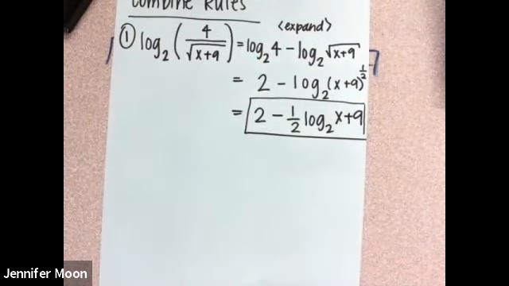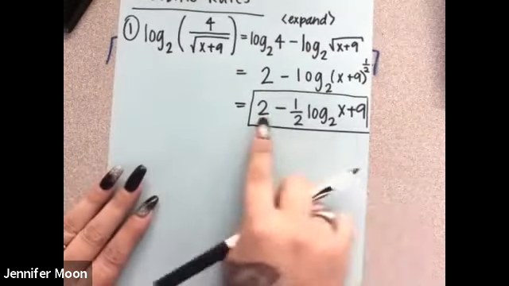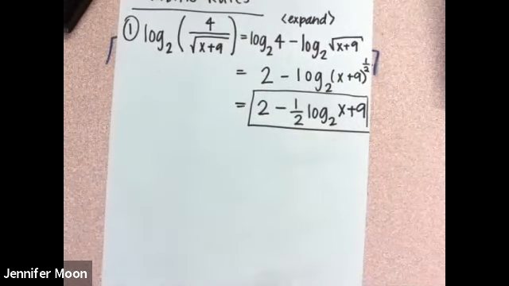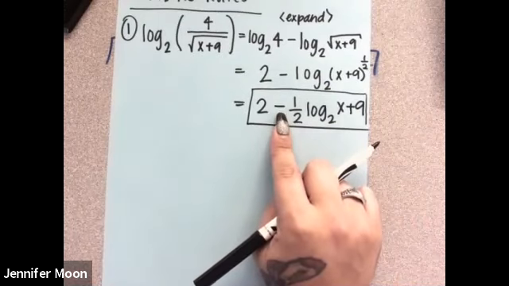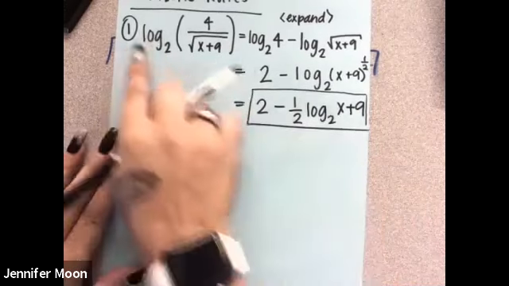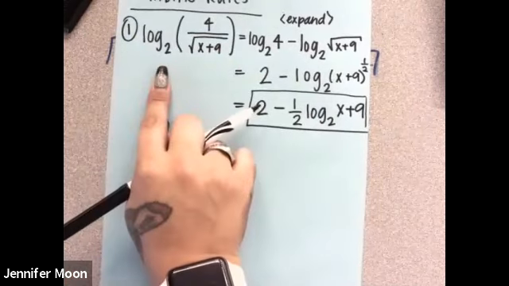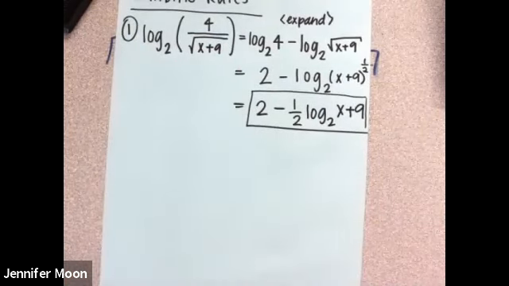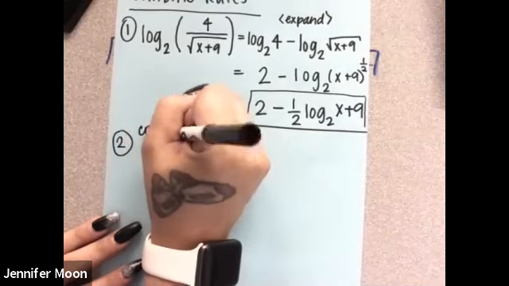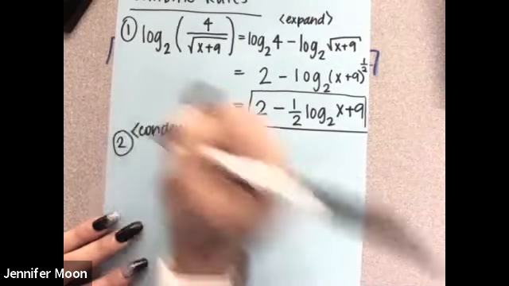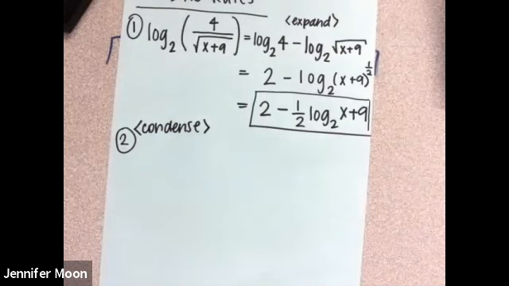Now we're going to go the other way with it. I know that this is like a big answer because I've got operations, right? I've got a minus or I've got a plus. And I know that it started with 1 log, right? And I end with multiple logs. So it was small and I went big. Now we're going to start big and we're going to go small. So this would be what you would call condense, which just means to make smaller.